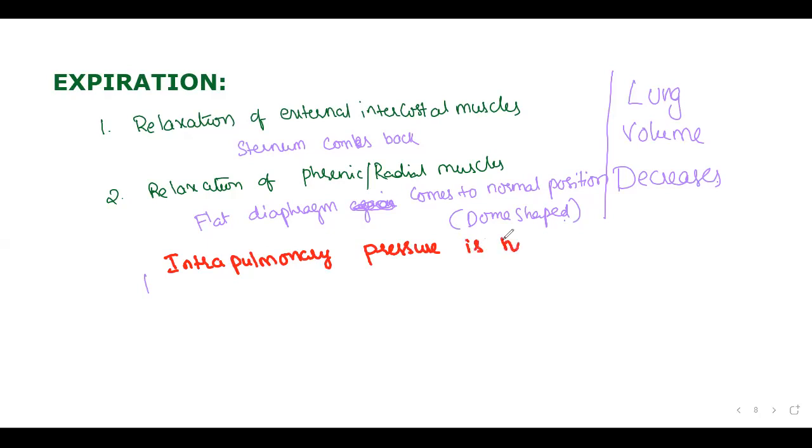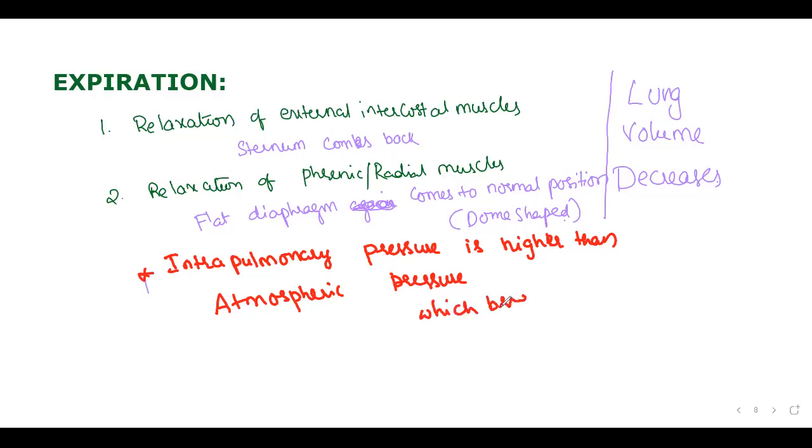Intrapulmonary pressure is higher than atmospheric pressure, which brings the air out from the lungs to the atmosphere. What do you call the process? Expiration.